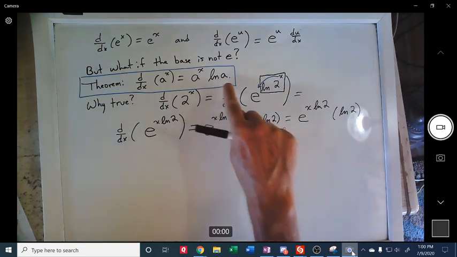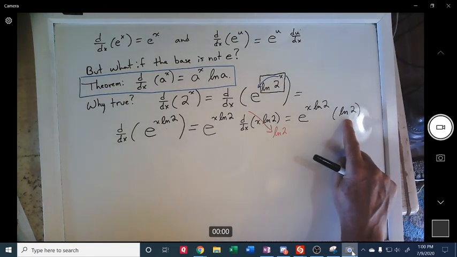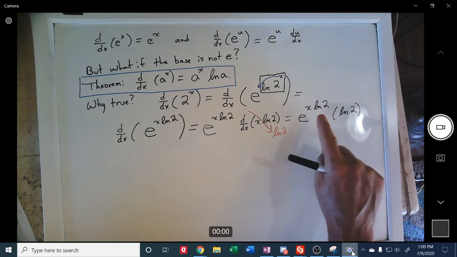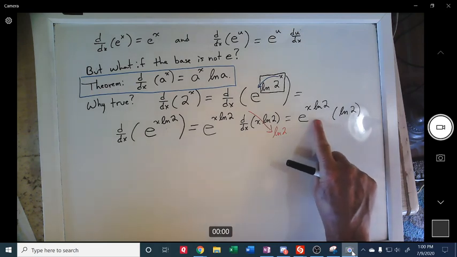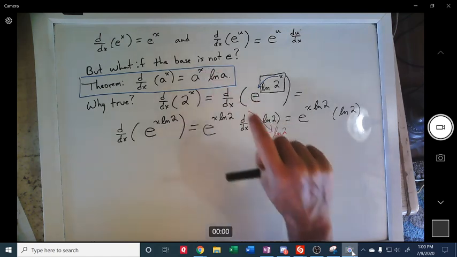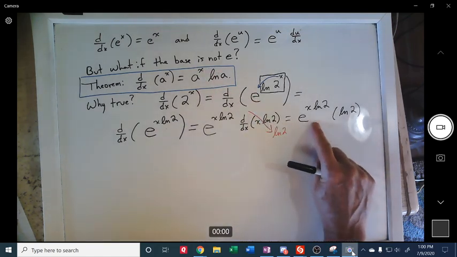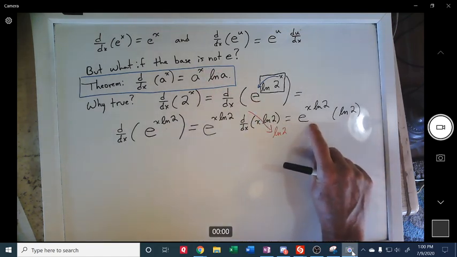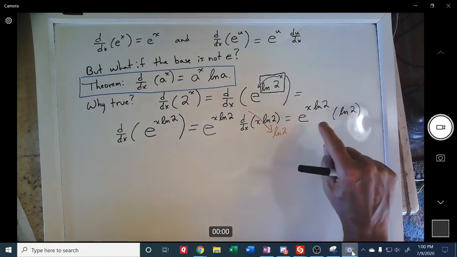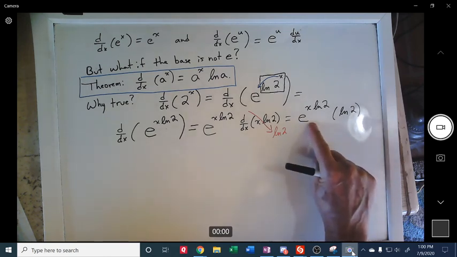Well, I am getting the ln2 to show up at the end. But this thing right here isn't supposed to be this complicated thing. It's supposed to be just 2 to the x. There's something I can do with this. How do I get this to simplify?